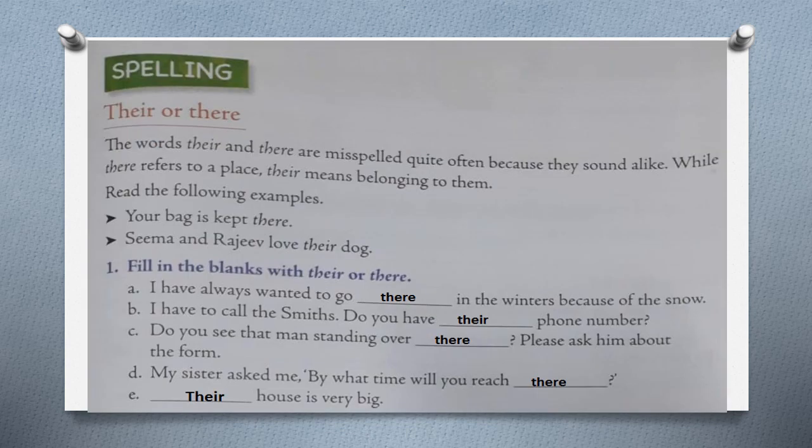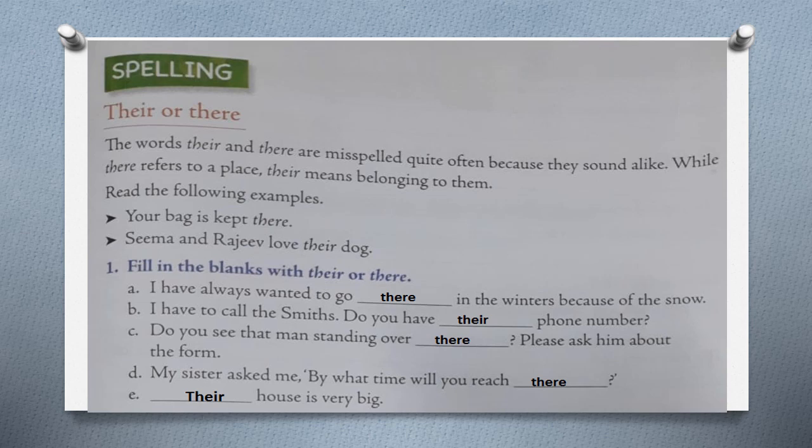Children, let's do homophones. Homophones are words with different spelling but the same sound. The words have different meanings but the sound will be the same. Today we have the words their, T-H-E-I-R, and there, T-H-E-R-E.